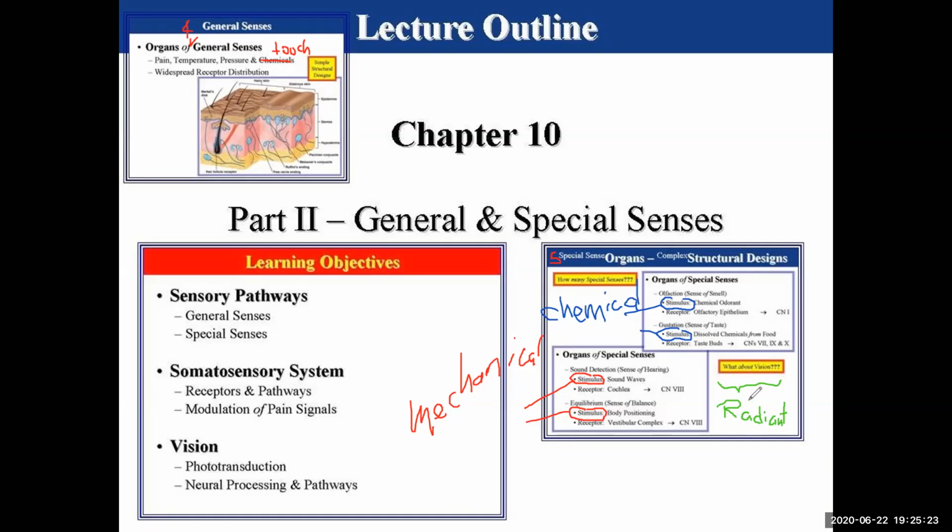So coming from sunlight. So this is radiant energy, this is chemical energy, this is mechanical energy. So different stimuli, different modalities.